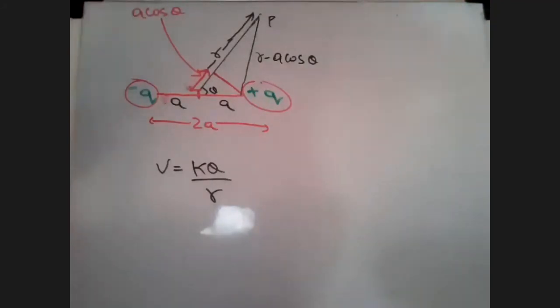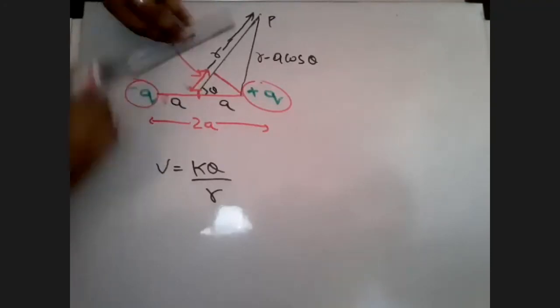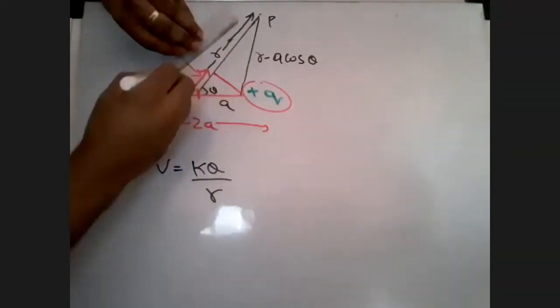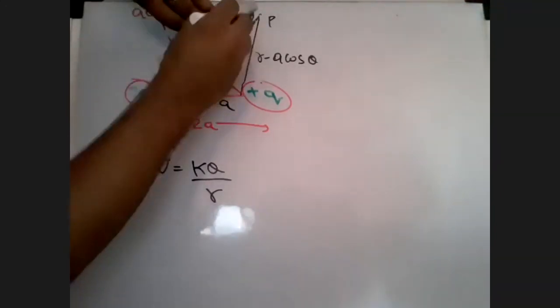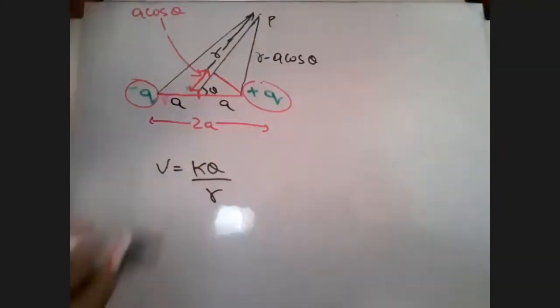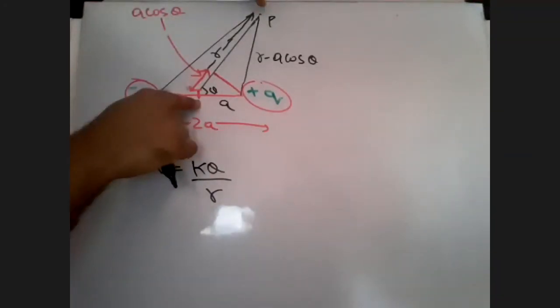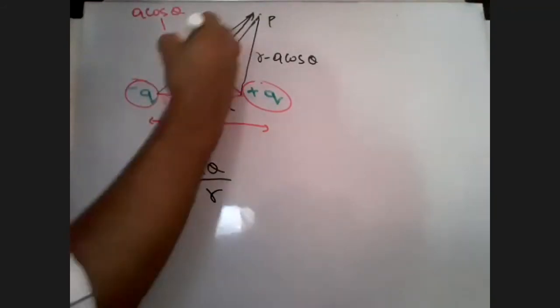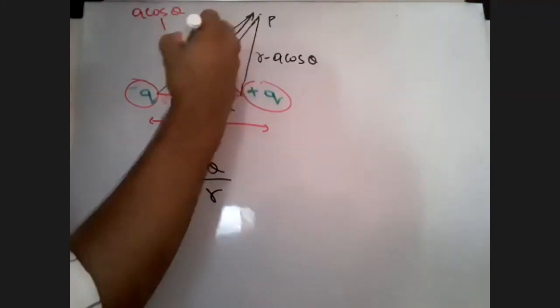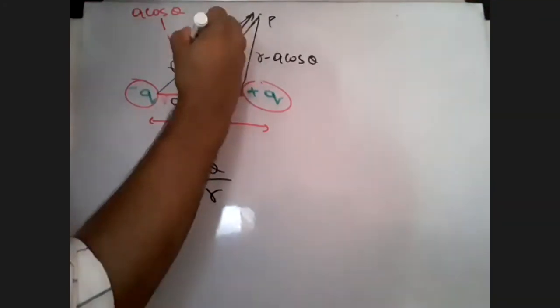Immediately you tell me what is going to be the distance between this minus Q and this P? R plus A cos theta. The reason is, this entire line in the middle is going to be equal to the entire line from minus Q to the test charge. So I'll write it here: R plus A cos theta.